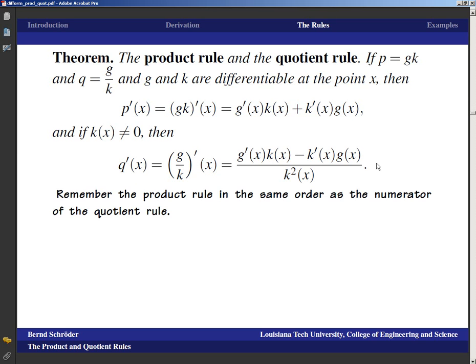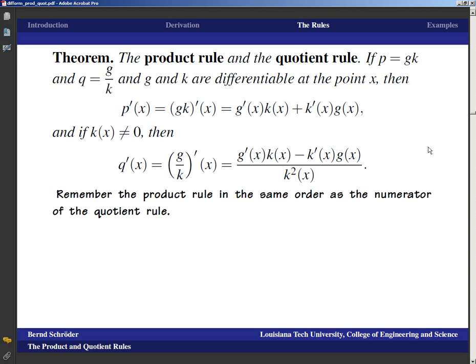The way to remember these is to make sure that you remember the product rule in the same order as the numerator of the quotient rule, because that way you don't have to worry too much about this negative sign, which I have seen get lost on many an exam.